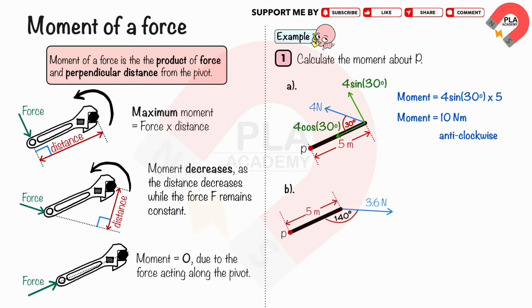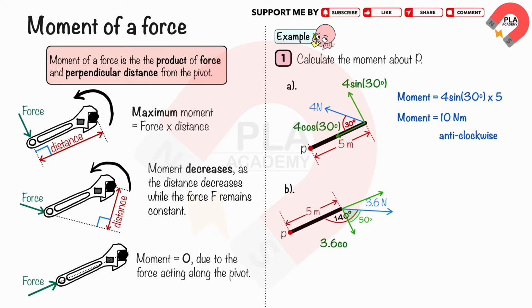B. A 3.6 newton force acts on the rod at a 140-degree angle, creating a moment about point P, which is 5 meters from the point of force application. We resolve the 3.6 newtons force into components perpendicular and parallel to the rod, as shown. This angle is 140 minus 90, which is equal to 50 degrees.